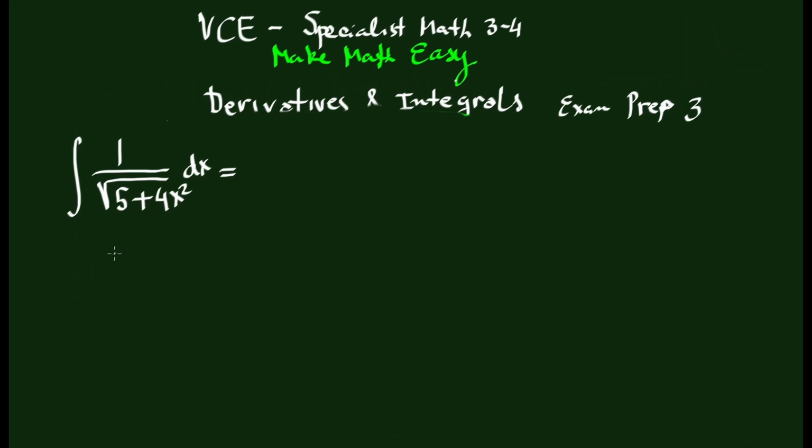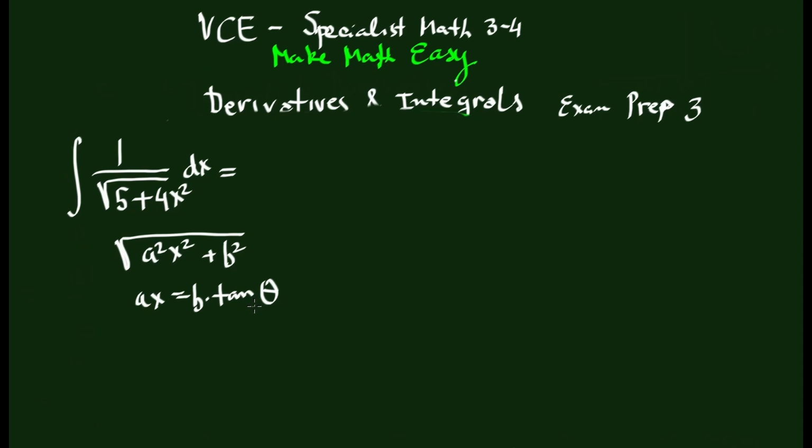In this case, when something under the square root looks like a squared x squared plus b squared, then we can make a substitution, and the substitution will be that ax is equal to b times tangent of theta.